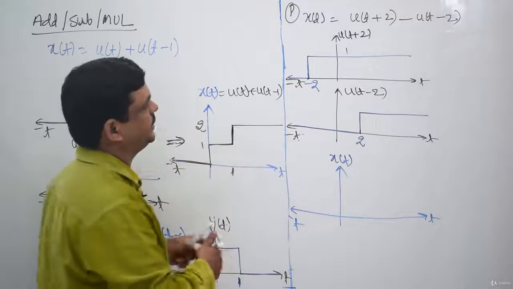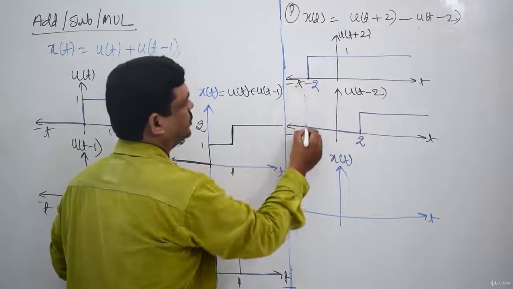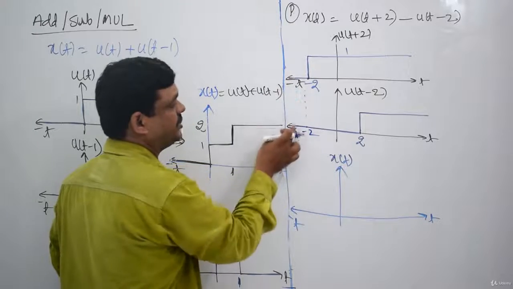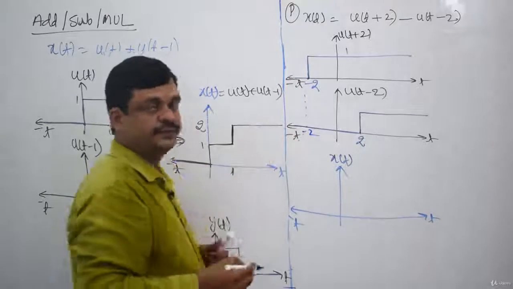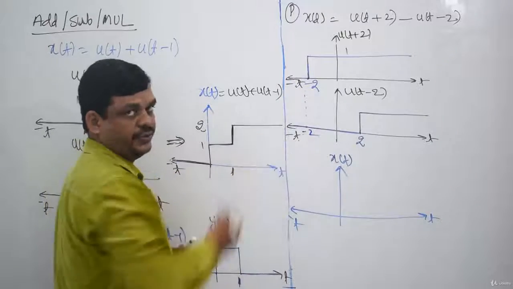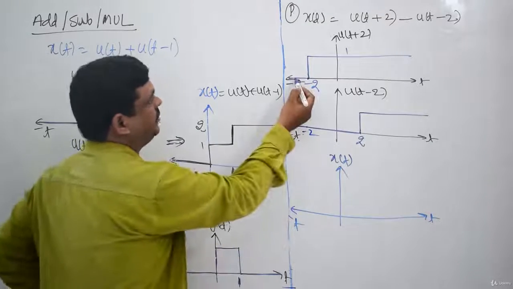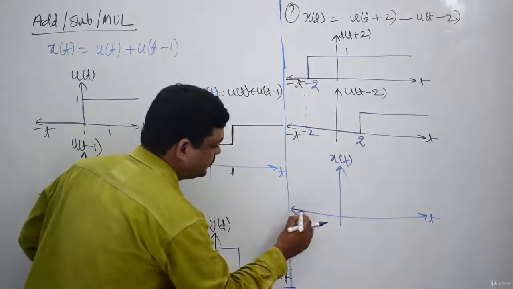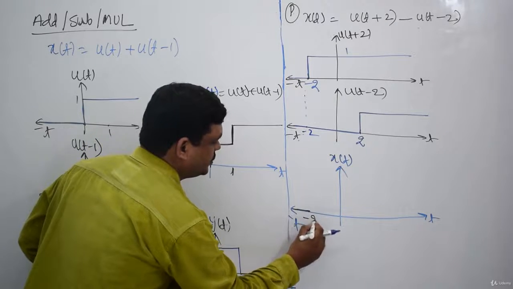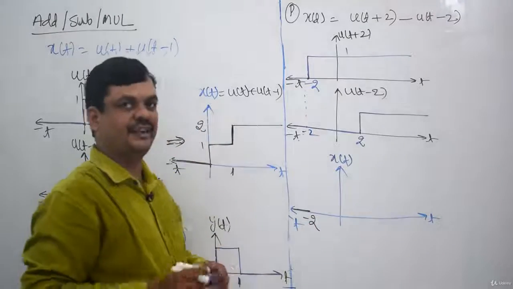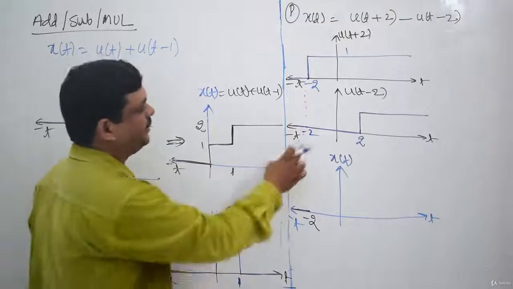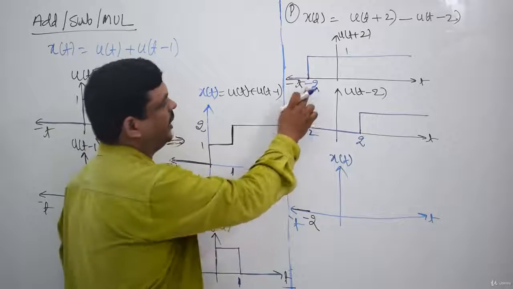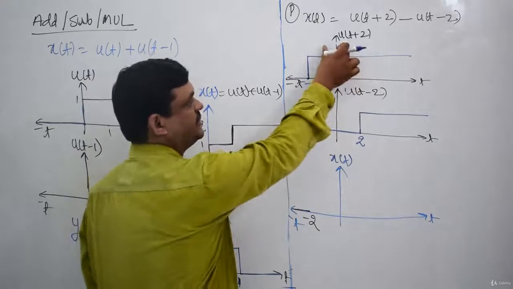Up to minus 2, both the functions are 0, so 0 amplitudes are there. This is 0 and this is also 0, then the subtraction of these two, 0 minus 0, is 0. From minus 2 onwards, the first function is defined.